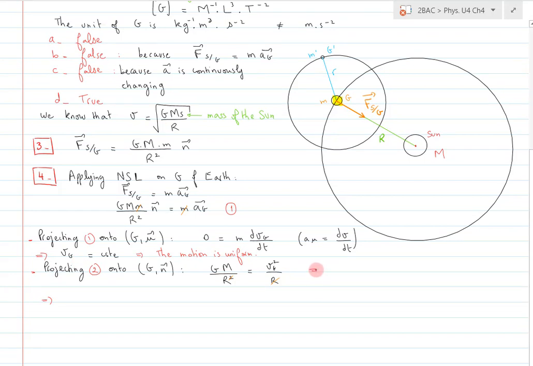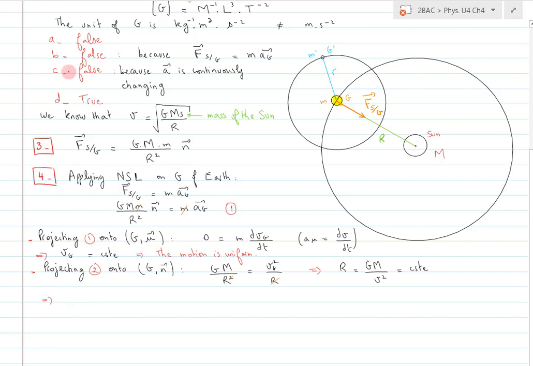So this gives me r equal to G M over V square, which is equal to a constant. G is a constant, M, the mass of the Sun, is constant, and V is constant from our previous deduction.